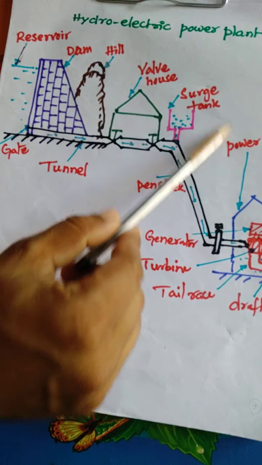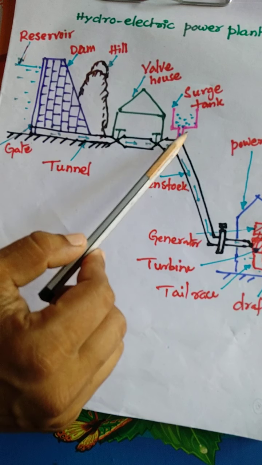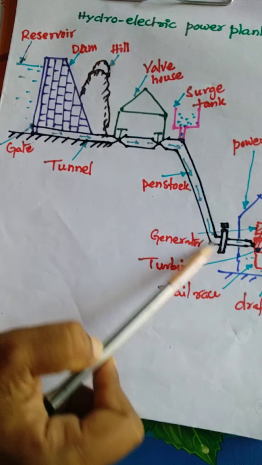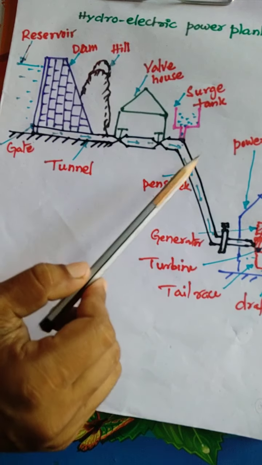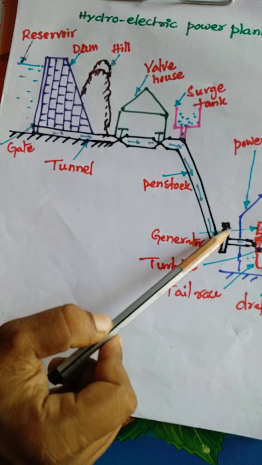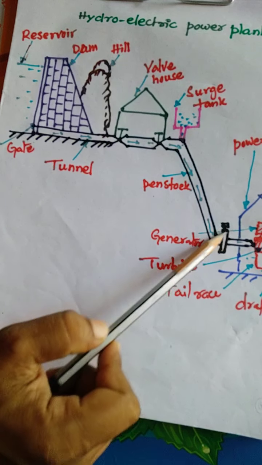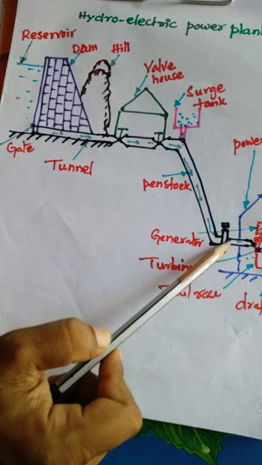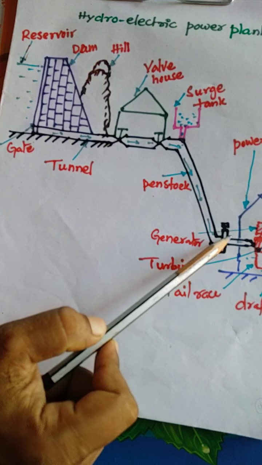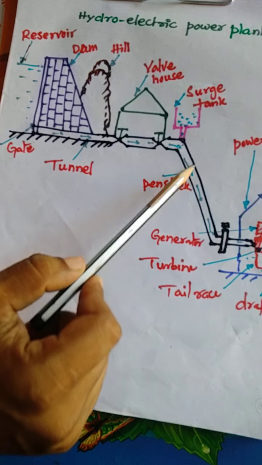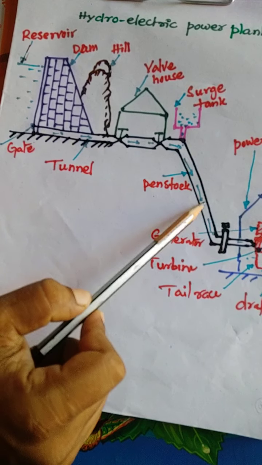And the surge tank is there here. This surge tank is important in order to protect the penstock from any damage. Here also one inlet valve is there, and whenever it is closed, the water entering is stopped by this valve, and the quantity of supply and pressure inside this pipe increases.